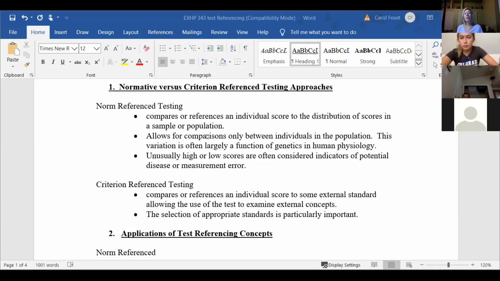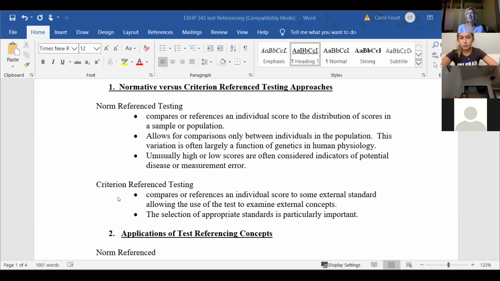And so these are 2 ways that we can do this. So we could do some testing or collect data to give people some reference for where they fall within a group. This could be in health, in sport, in rehab, in a lot of different aspects.